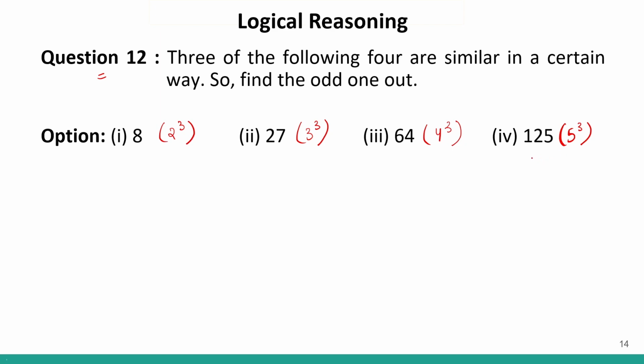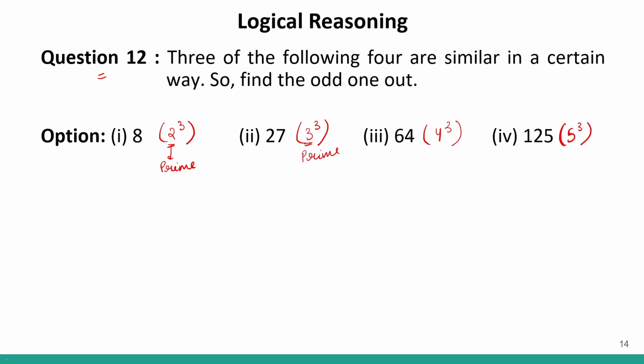So what is the difference? Now, if you look over here, 8 is a perfect cube of 2 and 2 is a prime number. Similarly, 27 is a perfect cube of 3 and 3 is a prime number.